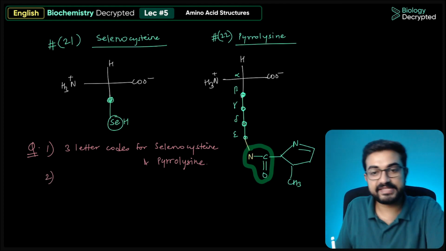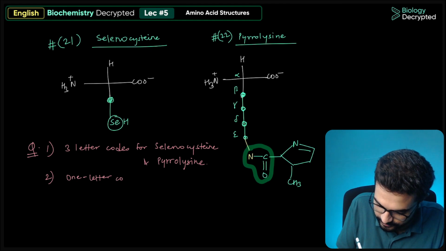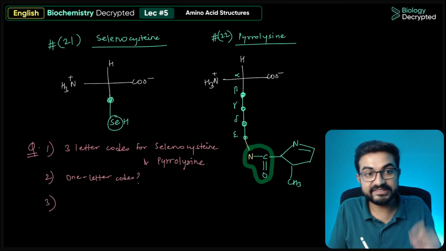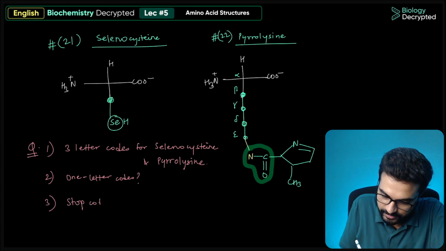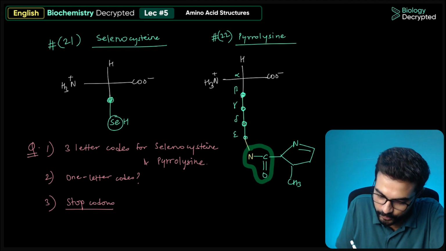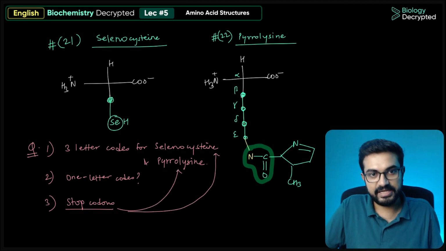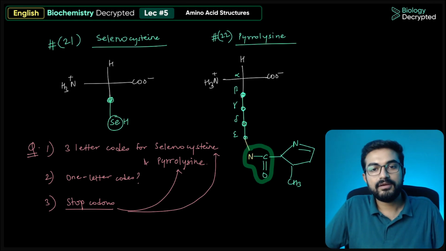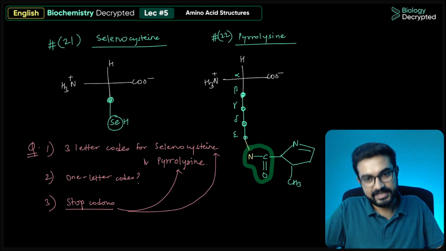Then there is the second question. What are the 1-letter codes for both? And let me tell you, these are actually encoded by stop codons. What are the stop codons each for pyrrolysine and selenocysteine? Well, I'll be waiting for your comments. If you fail to answer, I'll be answering it in the comments as well.